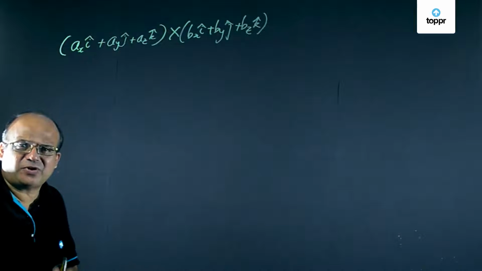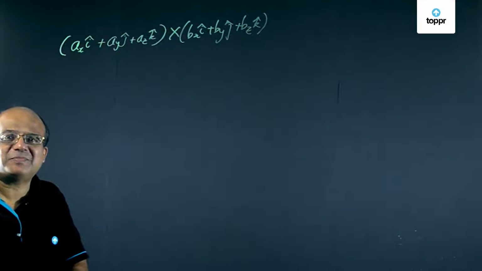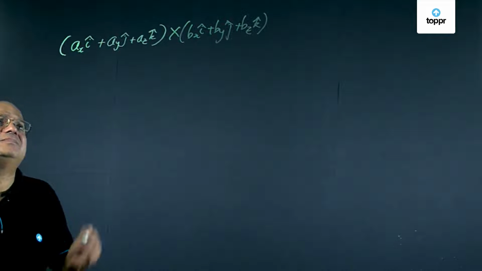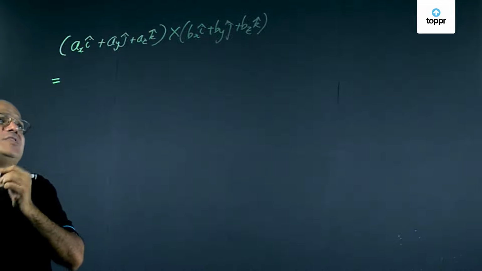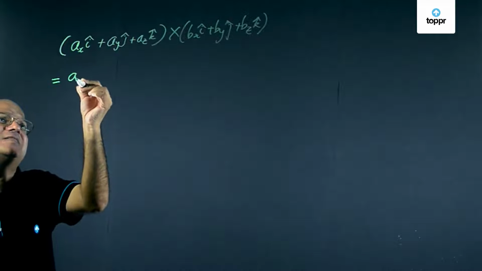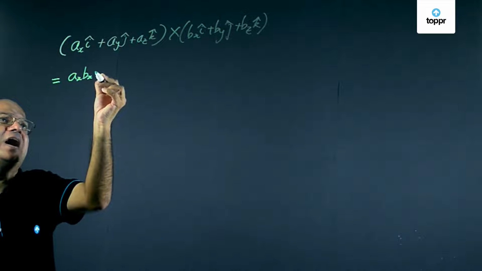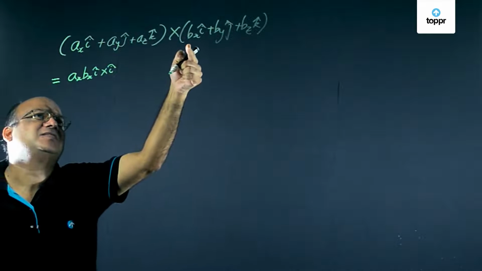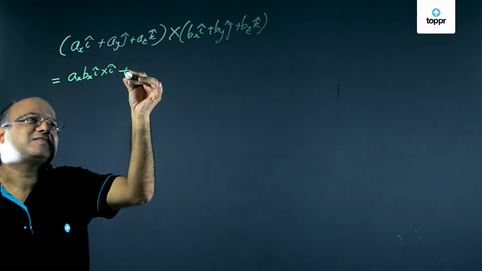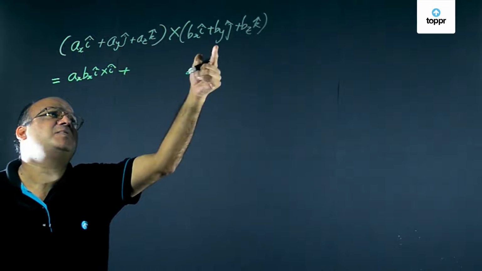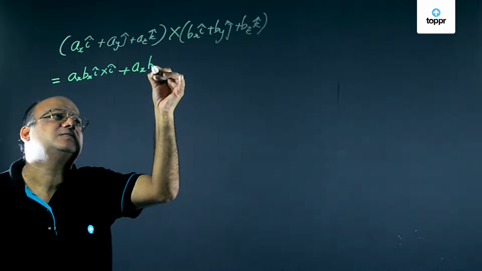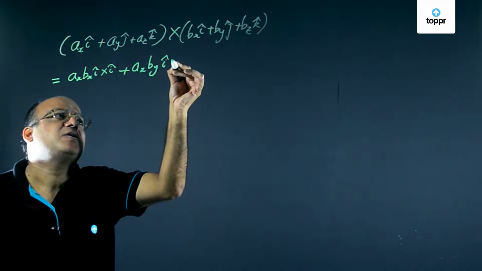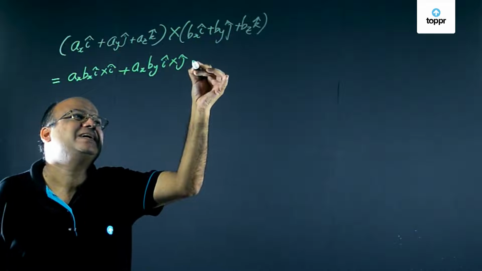So like we have done for dot product, now we will multiply term by term. So what is the first term we get? Ax Bx, i cap cross i cap. Plus Ax By, i cap cross j cap.